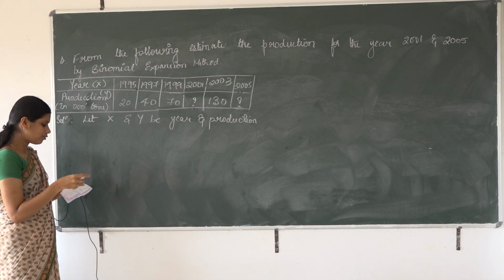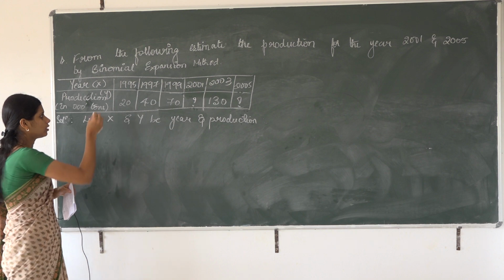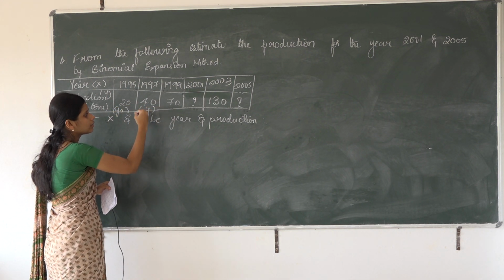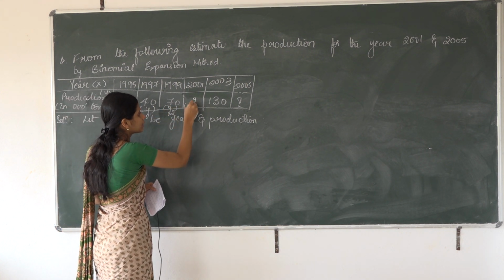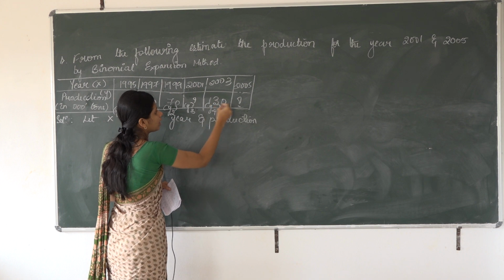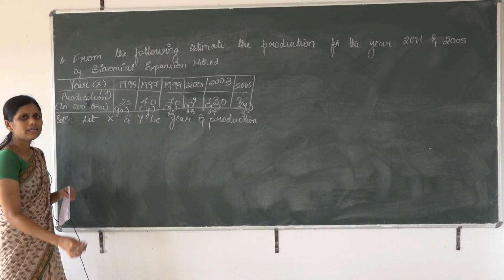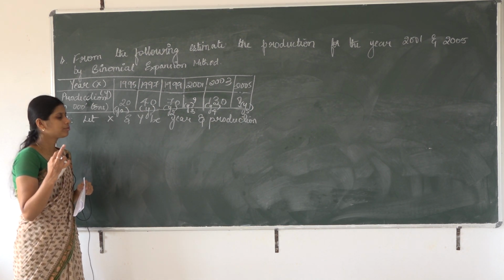So first of all, we have to see how many values of y are known. This is y0, this is y1, this will be y2, this is y3, y4 and y5. So how many values of y are known? That is the first step we have to do.